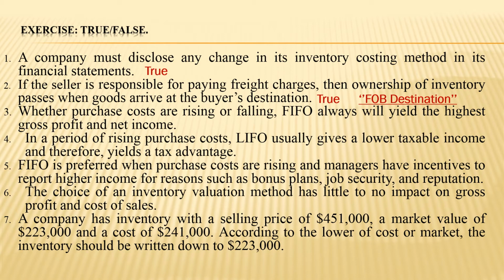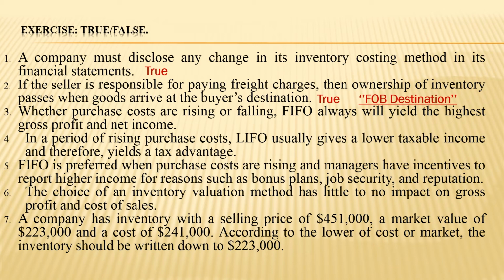If I'm using FIFO, first in first out, this means that the goods that I purchased in the past with the low prices will be used to calculate the cost of goods sold. So this will yield the lowest COGS, which yields the highest gross profit, because they are inversely proportional to each other, and accordingly the highest net income.